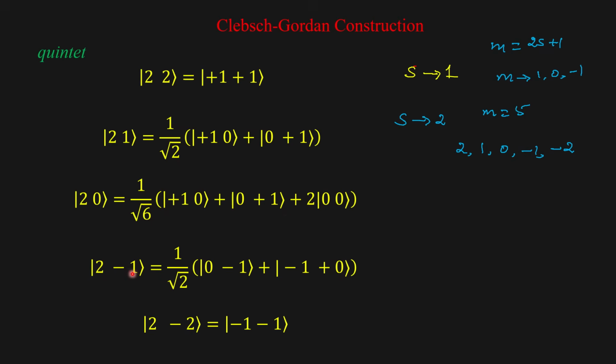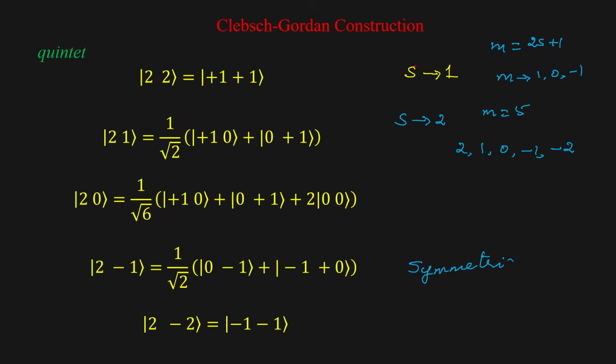Similarly, for 2 minus 1, it is 1 over square root 2 times 0 minus 1, plus minus 1 0. Here also nothing will happen, so the entire thing is symmetric. Then 2 minus 2 is equal to minus 1 minus 1. You can calculate these using the Clebsch-Gordan coefficients, which I have explained theoretically. So all 5 states are symmetric.